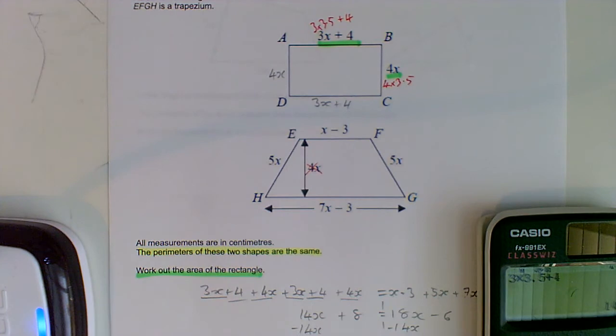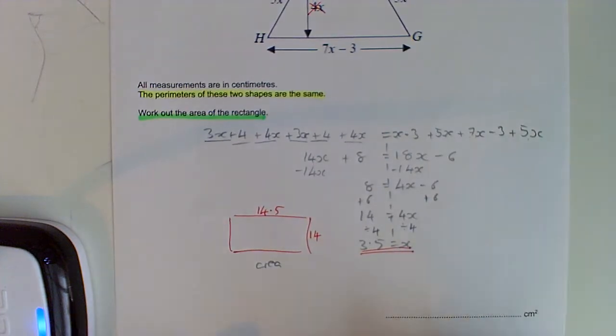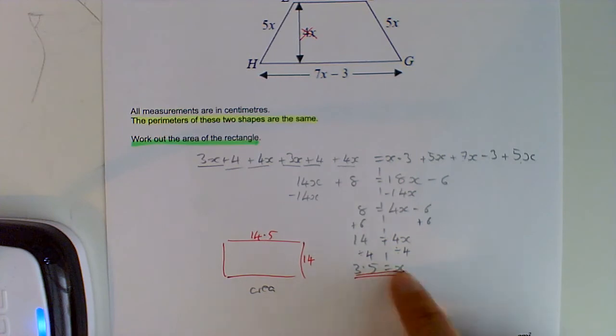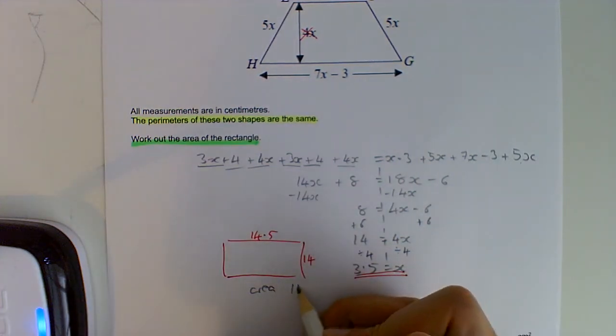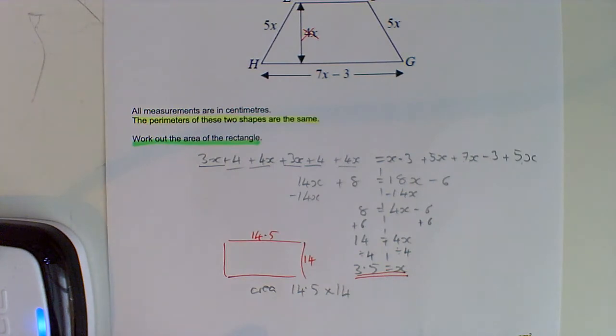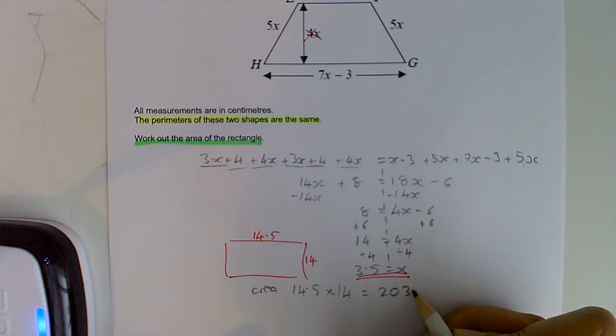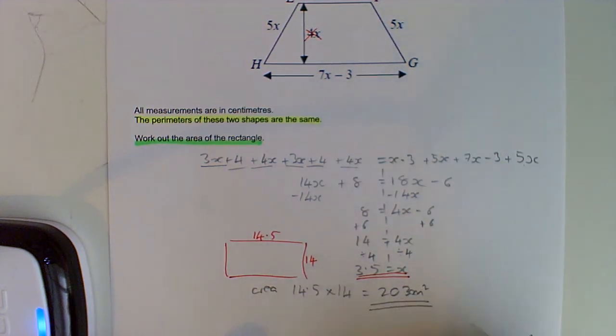Okay, so there's the actual rectangle now that I've translated the sides into proper numbers using x. So the area will be 14.5 times 14. Just do that on your calculator and we get 203 centimeters squared. Okay, well done if you managed to get that.